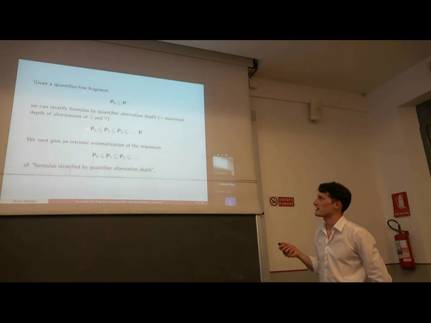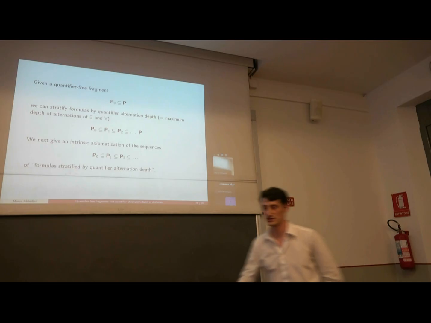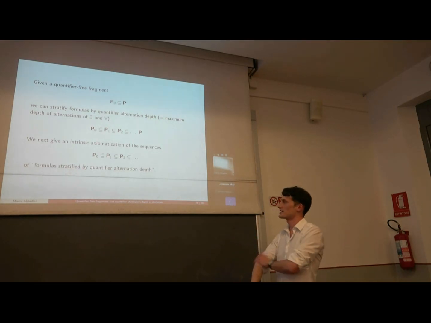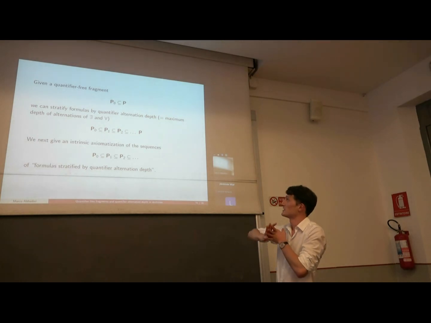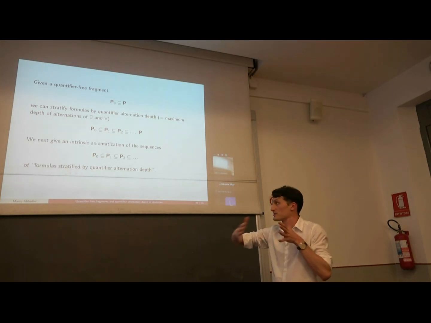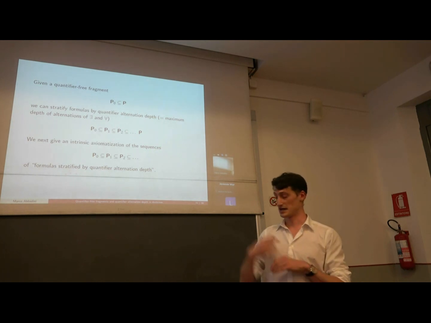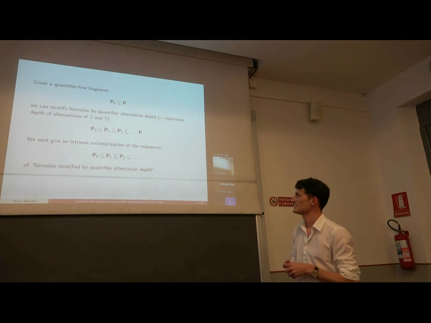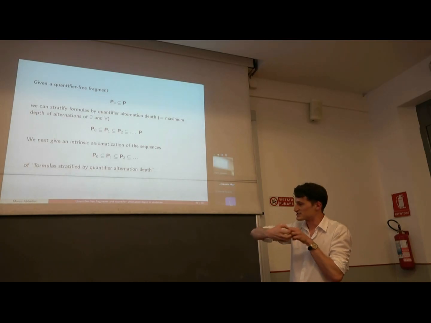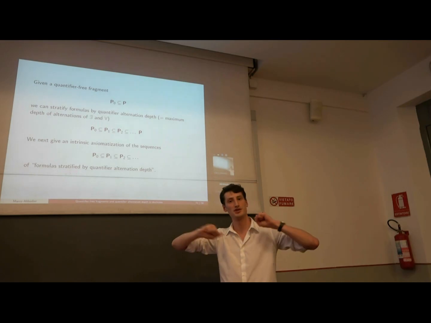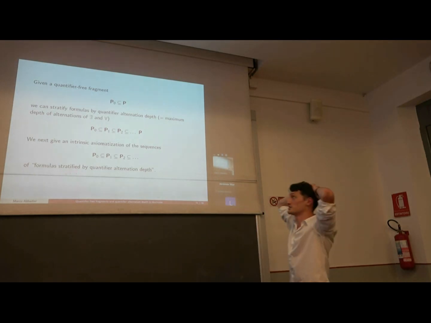Then we can stratify formulas by quantifier alternation depth: P0, P1, P2. Here quantifier alternation depth means the maximum depth of alternations of existential and universal quantifiers. And then we get a stratification of P. P is the union of all these many-sorted subalgebras, P0, P1, P2, and so on.